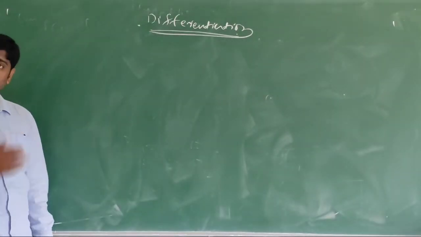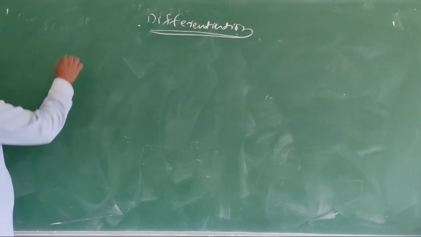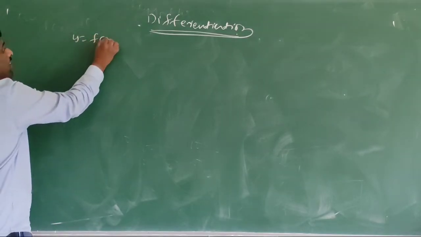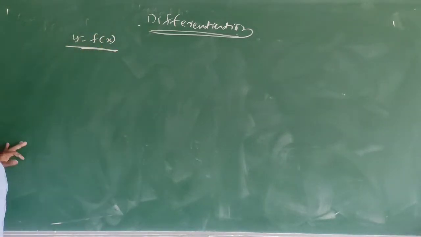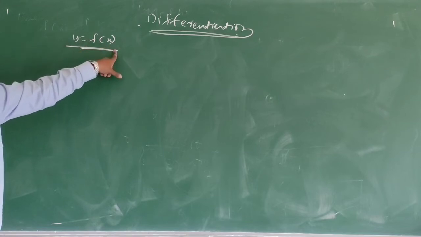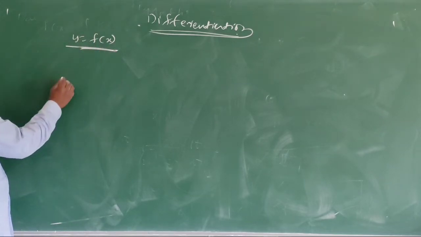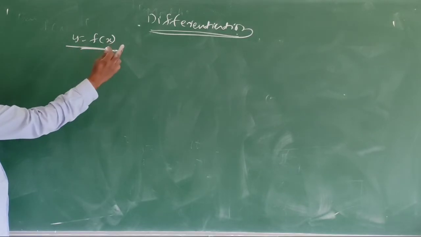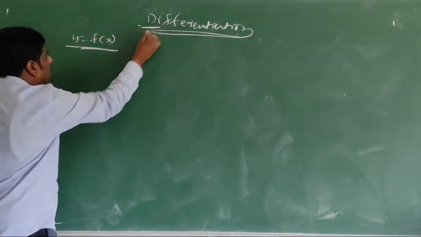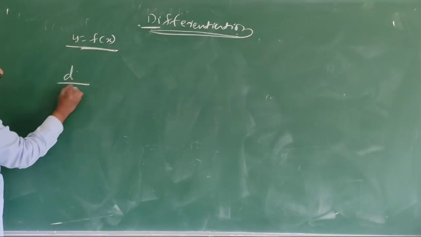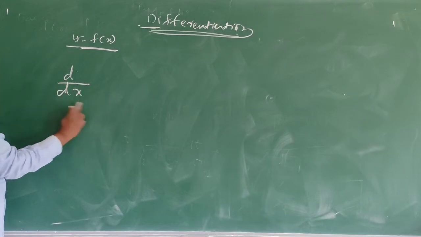Here, coming to our mathematics, y is equal to f of x. Here, y is equal to f of x is a function. Now, already I told you the differ, d, that is d by dx. This is differ.